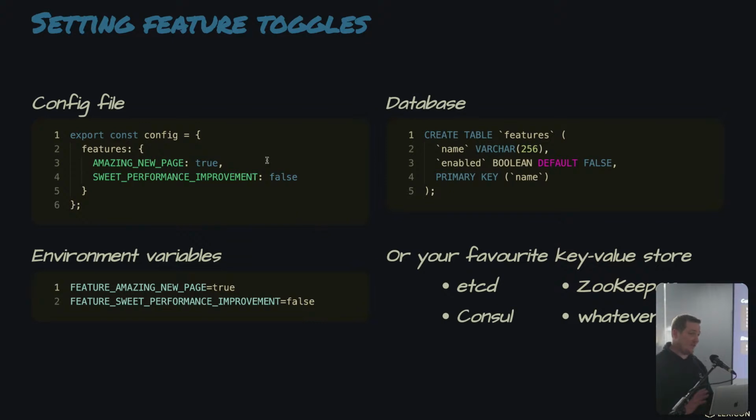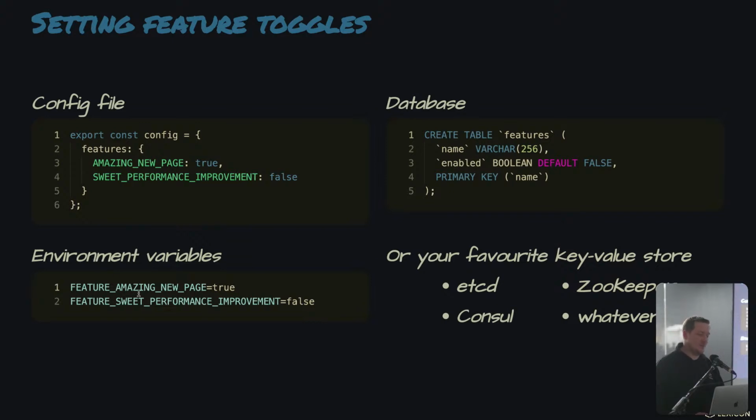So your config file, most applications at some point, when they get big enough, they end up with a config file for their environments. Great place to put this. Put a key in your config that has all of your features in it. Environment variables, fantastic place. It's kind of in the name, right? We want to control things per environment. We have environment variables.